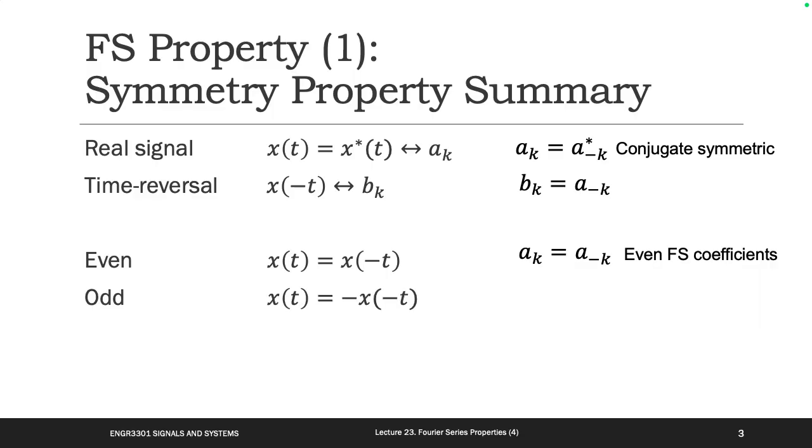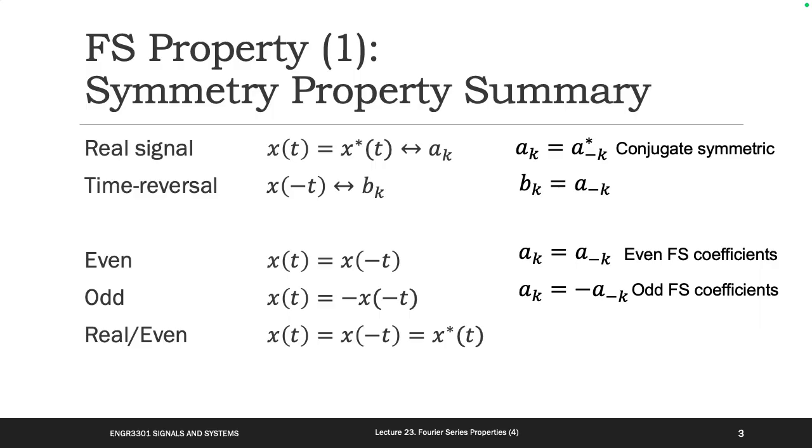Okay. And then for the odd signal, x(t) equals negative x(-t), and a_k should equal negative a_{-k}. We call it odd FS coefficient. And if the signal is real and even, those equations work together at the same time.